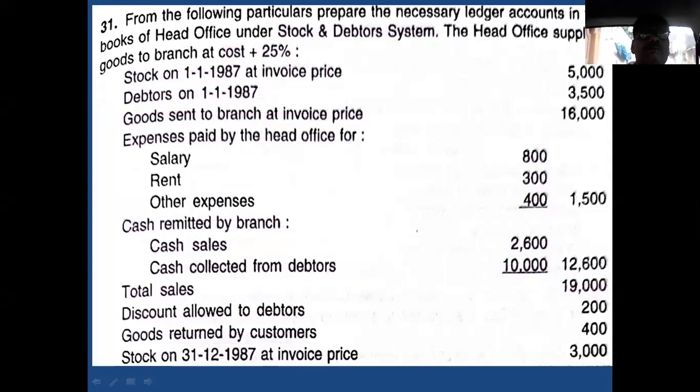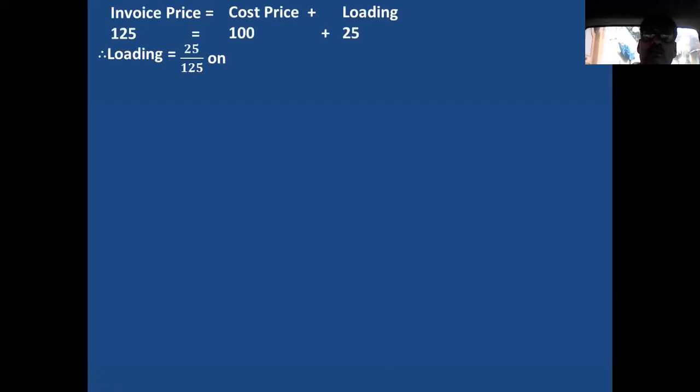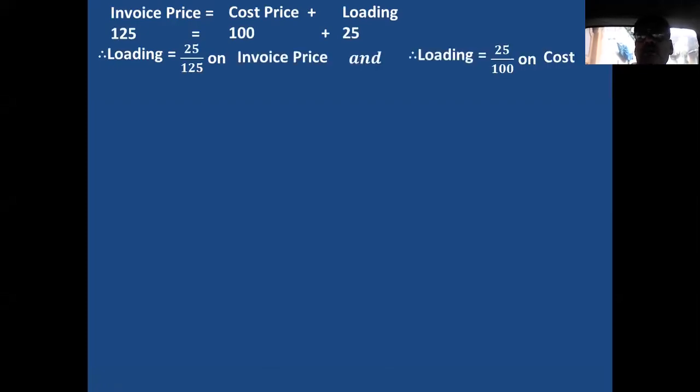You see the solution. Invoice price is equal to cost price plus loading. 25 is the loading, 100 is the cost, 125 is the invoice price. So loading is 25 divided by 125 on invoice price and 25 divided by 100 on cost. So loading is 1/5 of invoice, 1/4 of cost. The first equation you use for removal of loading.